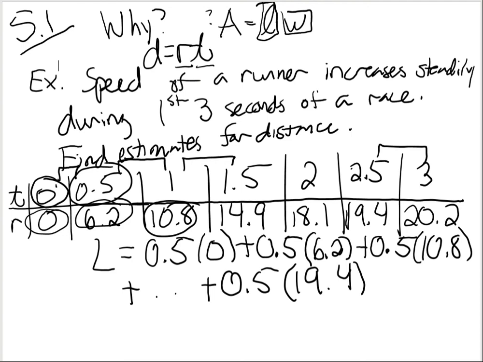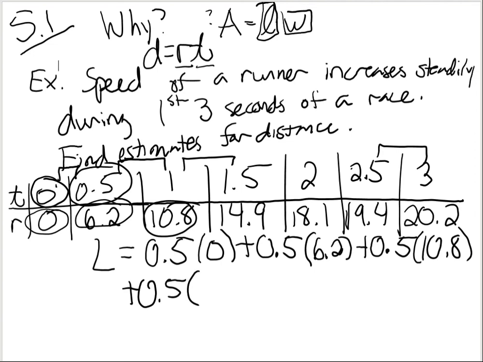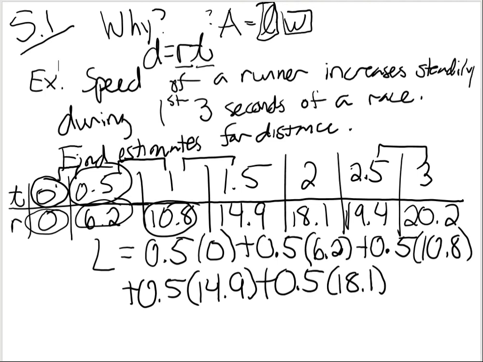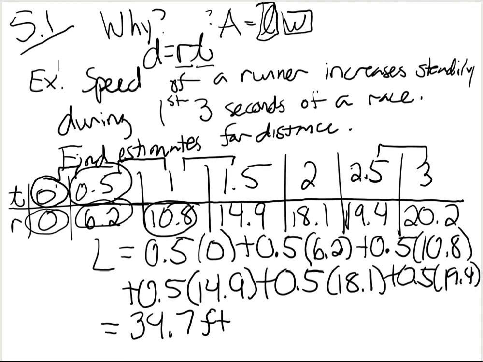Now let's write out what all those terms are, just to be clear. And this lower sum, you could put this all in your calculator, you'll get 34.7. And the units would be feet, in this case. I didn't really give you the units, but the problem from the textbook itself will give you those units.